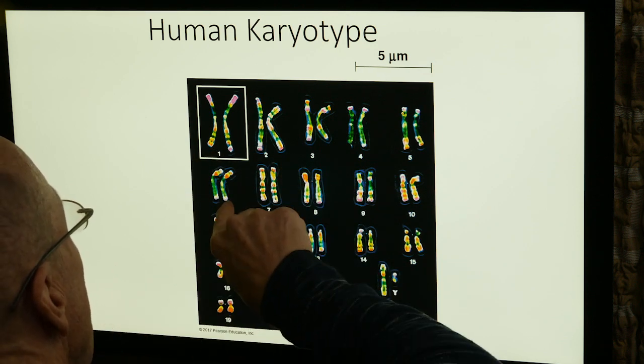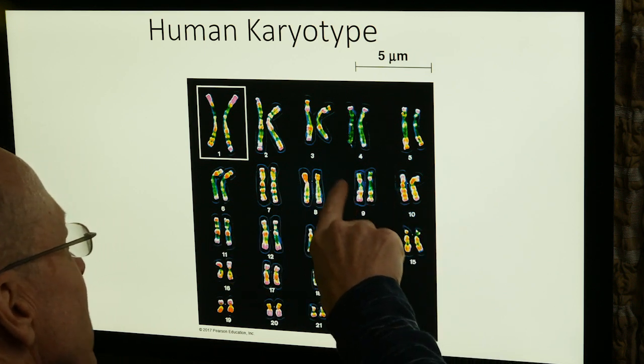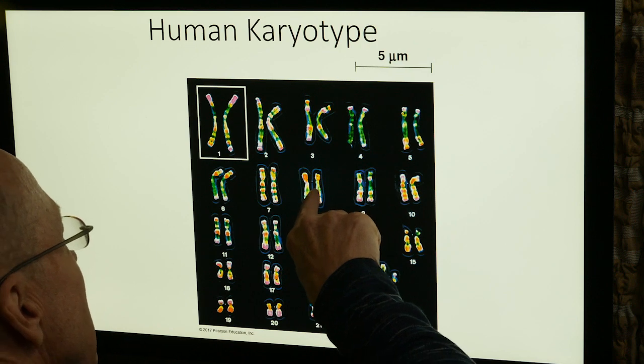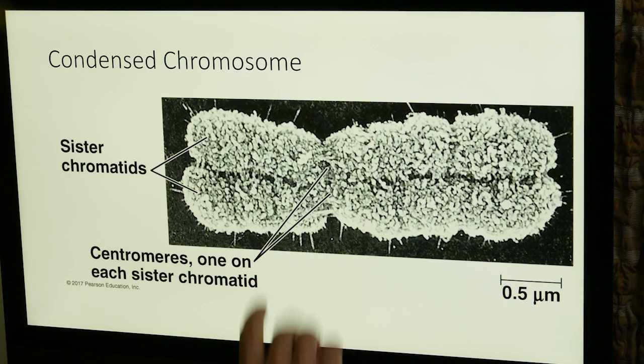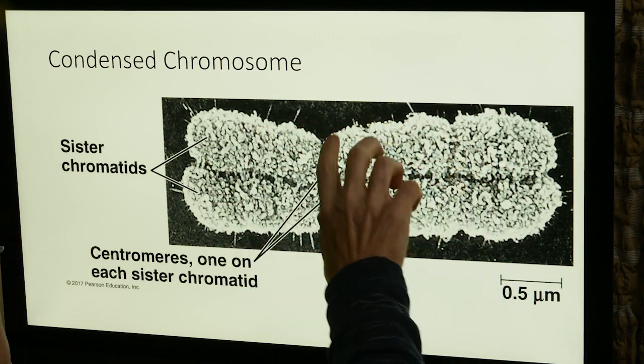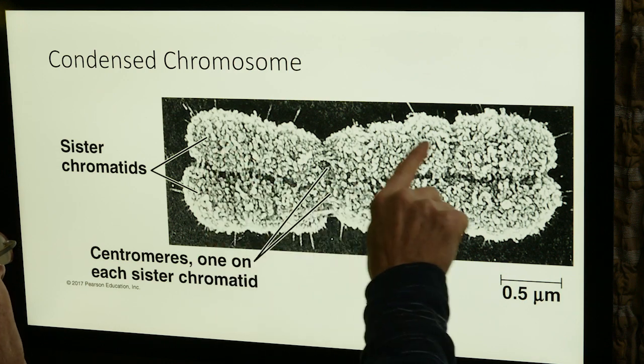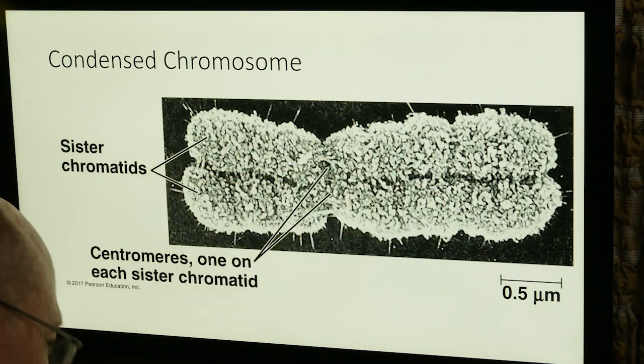If you could blow these up and take a look at them, you can see that what you're looking at is a real chubby X. There's a constriction at the centromere region, and then a chubby X, each of the chromatids.